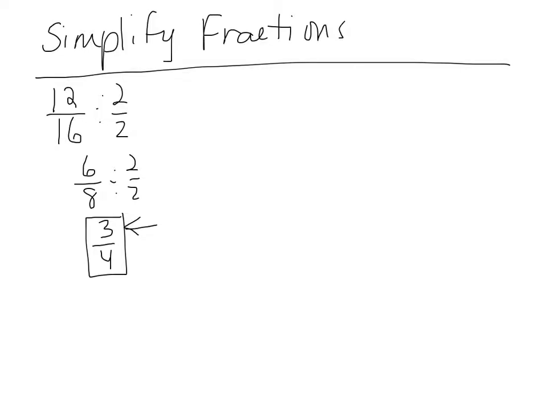You can also look at this as, well, I can pull a factor of 4 out of both of these, and so you can divide by 4 over 4, which is essentially 1, and 12 divided by 4 is 3, 16 divided by 4 is 4, and 1 away from the denominator is done.